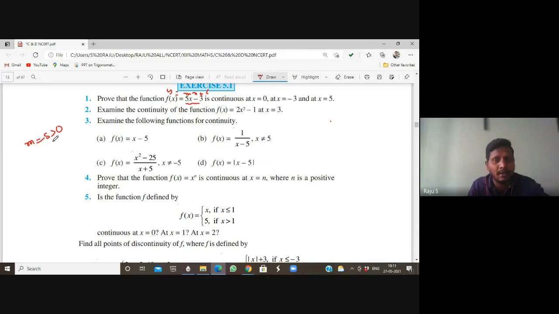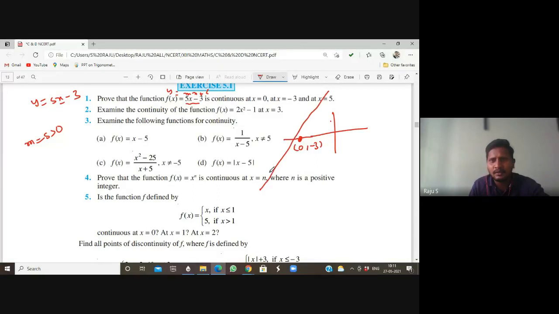Whenever slope is positive, it will be increasing. So when we substitute x is equal to 0, what is the y value we are going to get? Take y is equal to 5x minus 3. Substitute x is equal to 0. The y value is minus 3.